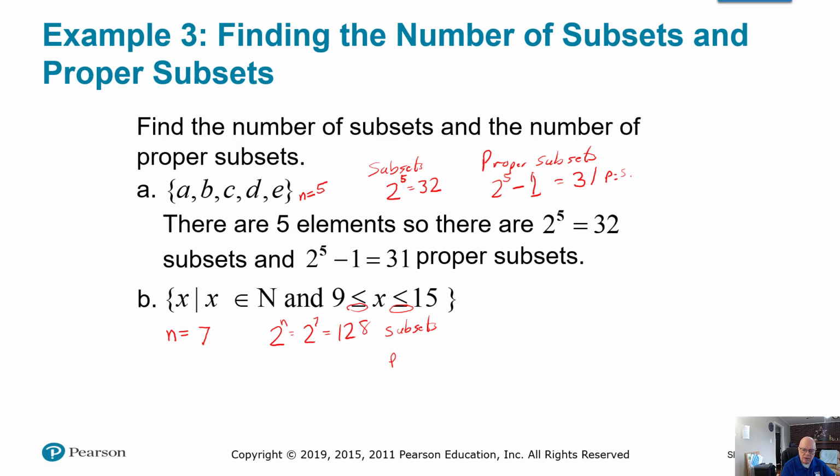Now, how about the proper subsets? Proper subsets are just one less, because the only one we're not including from this is the set itself. So we'll have 2 to the 7th, subtract 1, or 128 minus 1, or 127 subsets from that set.